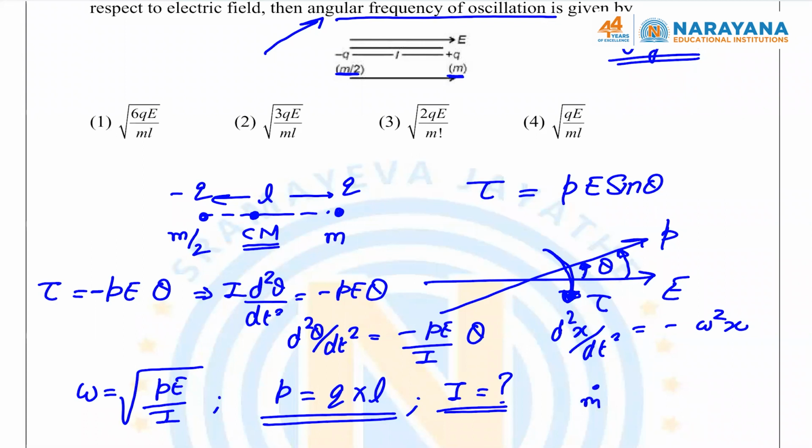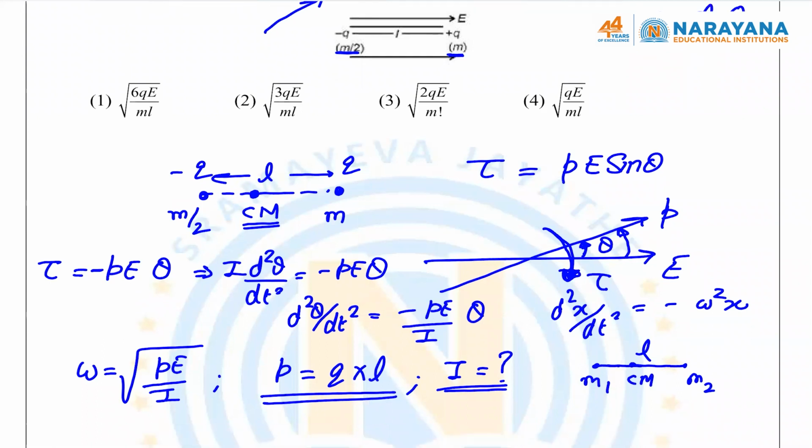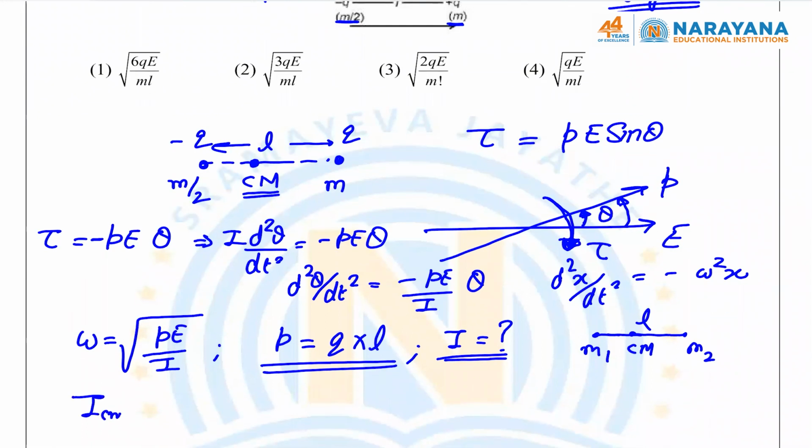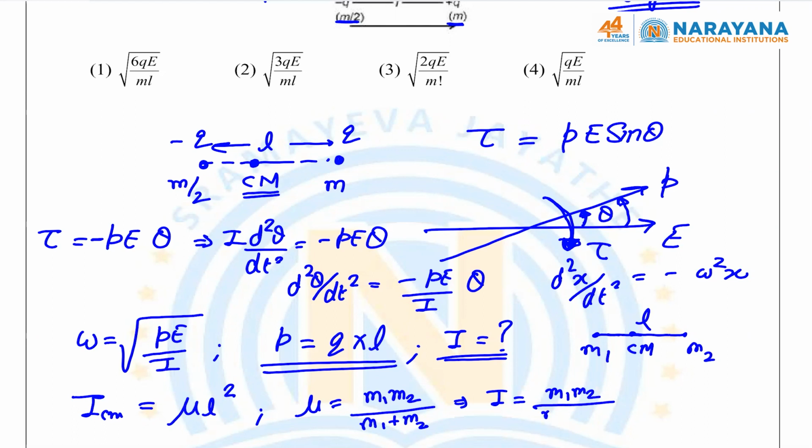If I have M1 and M2 separated by a distance L, then the moment of inertia about their center of mass, this is a very interesting result which everyone should know, is mu times L square, where mu is just a notation for M1 M2 by M1 plus M2, sometimes known as reduced mass.